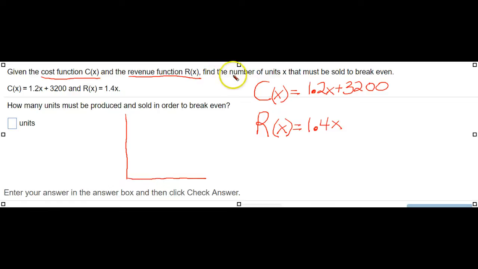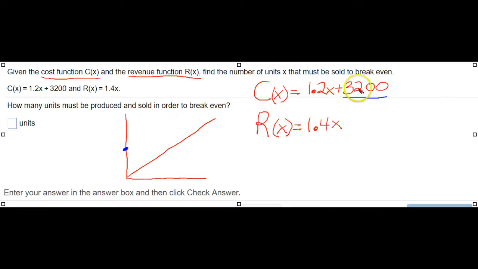So they'd like you to find the number of units, which are the X values, that must be sold to break even. If we were to graph this, we'd start off, if we didn't sell anything, the line would look like so. As you sold things, you kept getting more and more revenue. As we look at the cost, there are some fixed fees, which let's say are about there on the line.